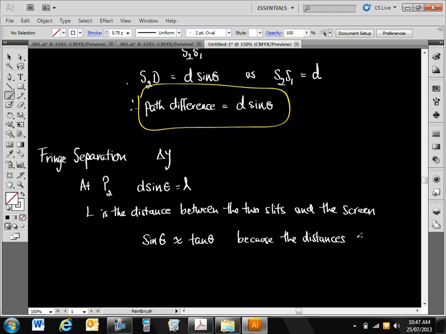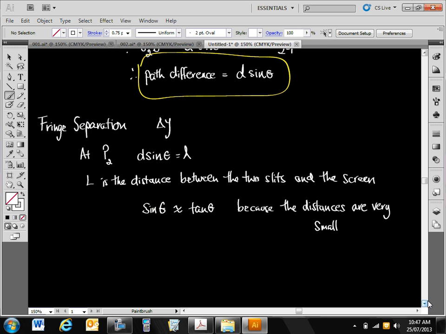You don't like it? Very small. I don't like it either. It turns out that we can make these assumptions because, for the purposes of our calculations, these work quite well in our course calculations.